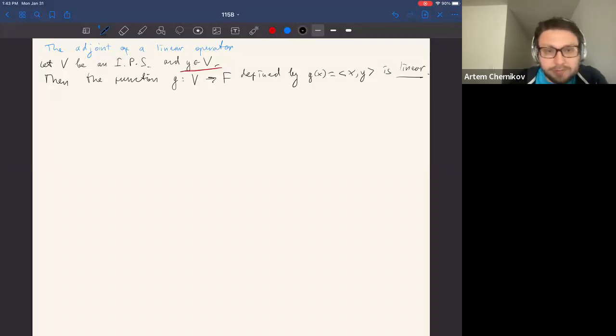And there is a converse to this claim, which says that every linear function on a finite dimensional inner product space is of this form. This was Theorem 6.8.